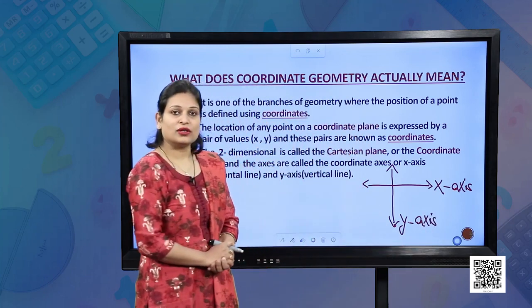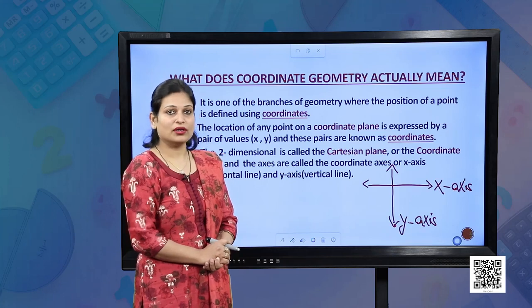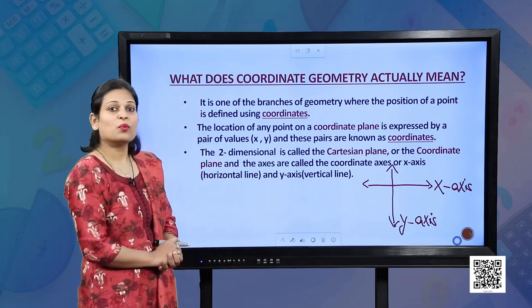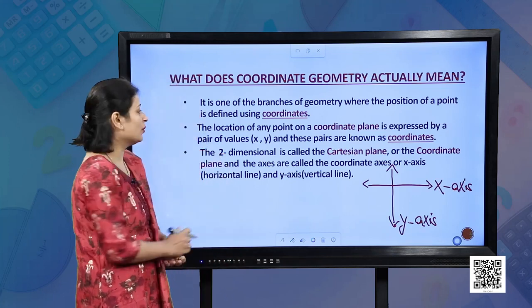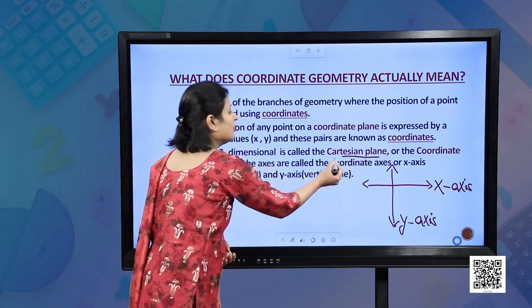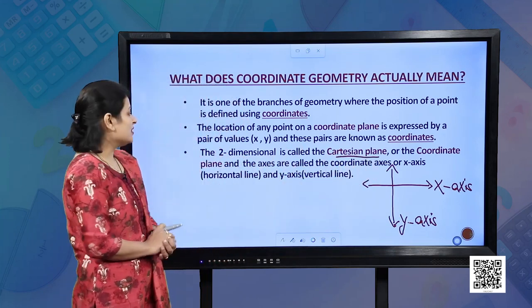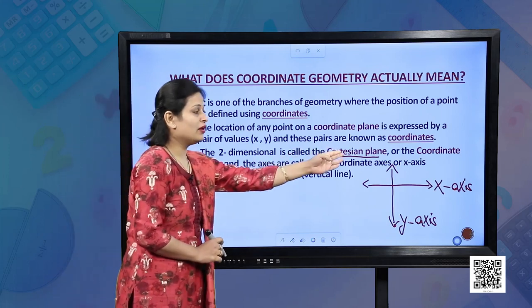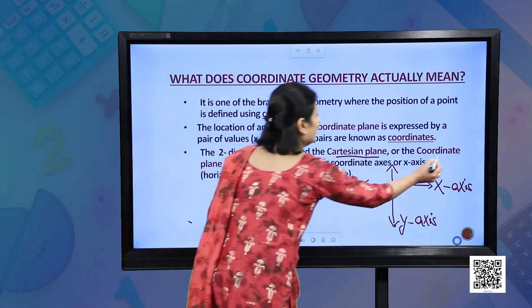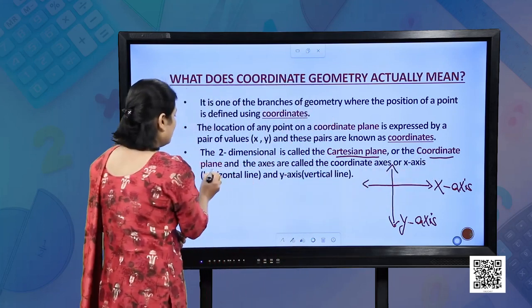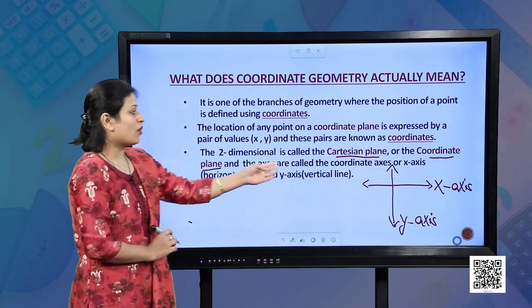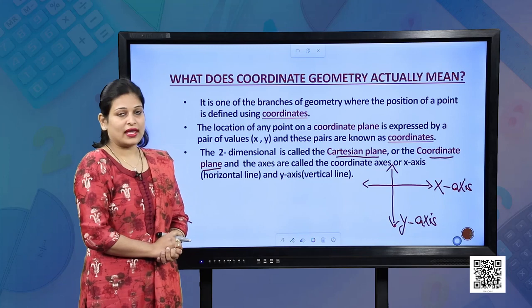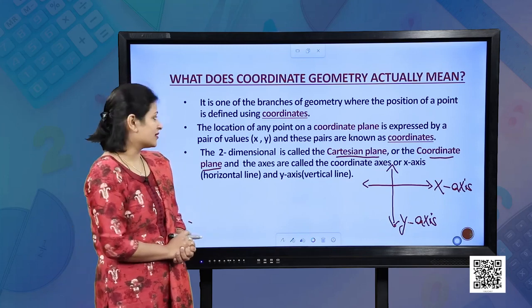These axes are used to recognize a point on a single plane, which is known as the Cartesian plane. So, basically the two-dimensional plane is called the Cartesian plane or the coordinate plane, and the axes are called the coordinate axes, the x-axis and y-axis.